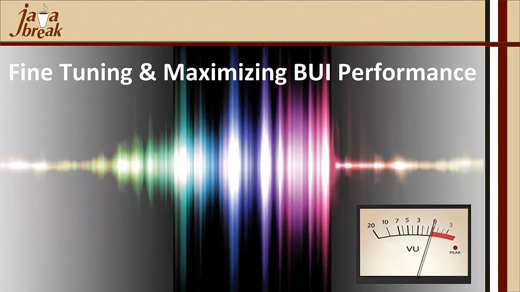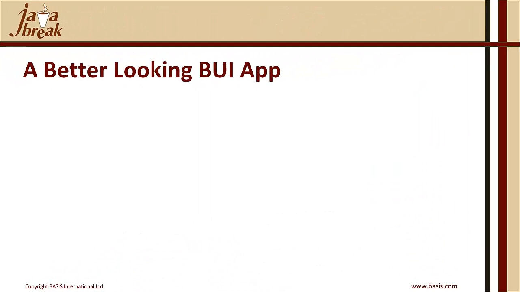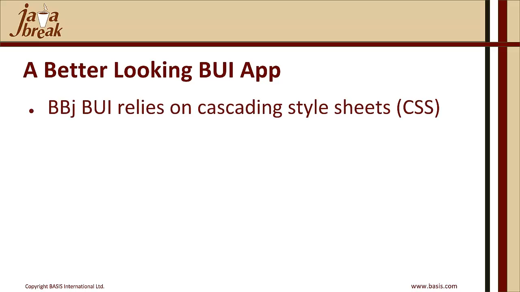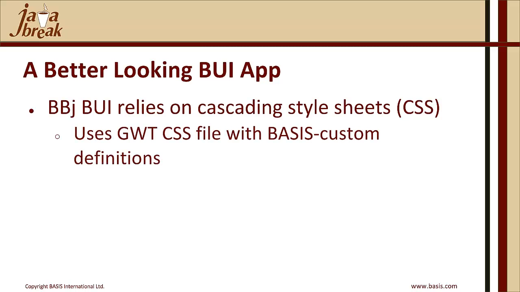Let's talk a little bit about the fine-tuning of our BUI apps. One of the great things we've added to the new version of BBJ is a better looking BUI app. Now, BBJ's BUI relies on cascading style sheets, CSS, and it uses the GWT base CSS file with BASIS custom definitions.